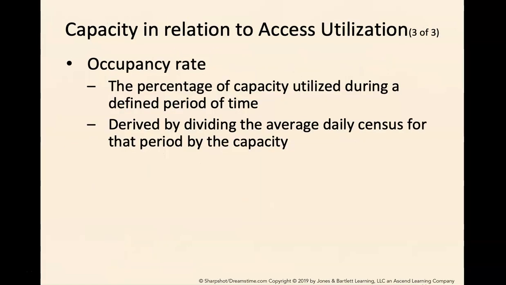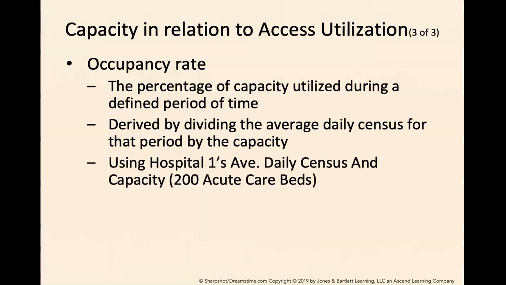Now, occupancy rate is the percentage of capacity utilized during a defined period of time. And this is derived by dividing the average daily census for that period by the capacity. So going back, the average daily census of hospital 1, and then its capacity, and we said the capacity is 200 acute care beds.